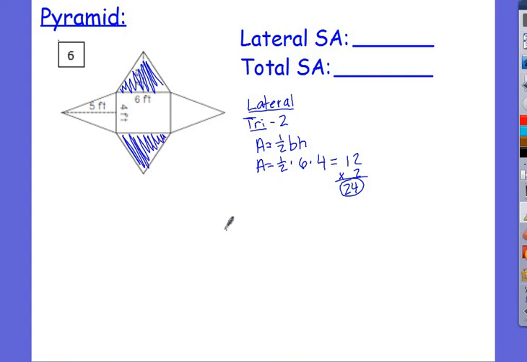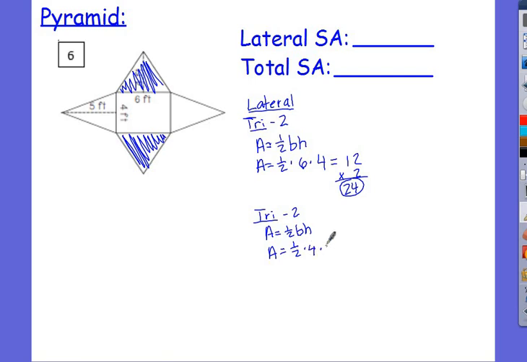How do you want us to show our work? You could just take off the half and do base times height, or do you want us to show our work? I like it if there's 2 sides. Okay, I need another triangle, and there's going to be another set of 2. What is the base of this triangle? 4.